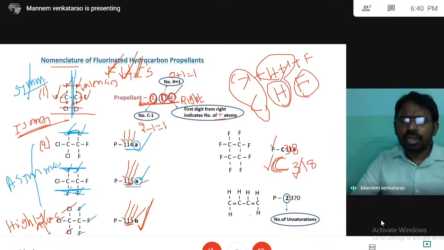Next, you observe the last compound. This is meth, eth, prop, but. So 1, 2, 3, 4. This is called a butane, but it contains unsaturation. The specificity here is asymmetry. Here is cyclic. Here is unsaturation. That is what is called 1,3-butadiene.